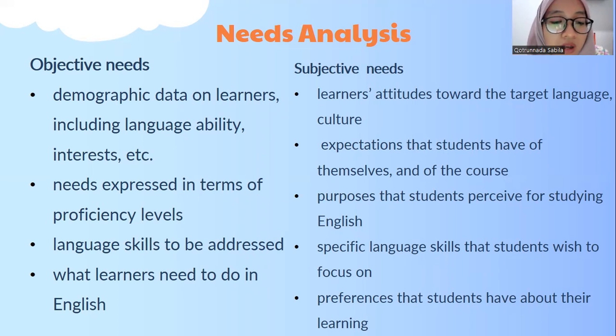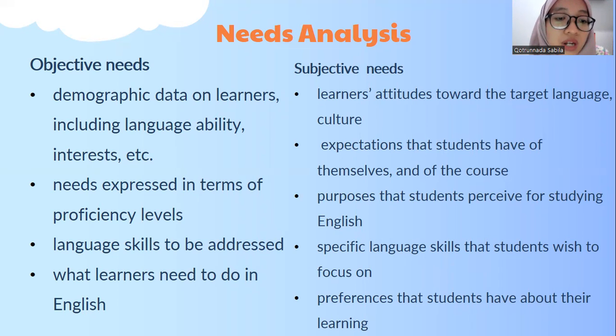And then subjective needs are often of equal or greater importance, as they focus on needs as seen through the eyes of the learners themselves. Subjective needs are more difficult to gather, but are typically sought through interviews, questionnaires, teachers' perceptions, observations, and the opinions of experts.